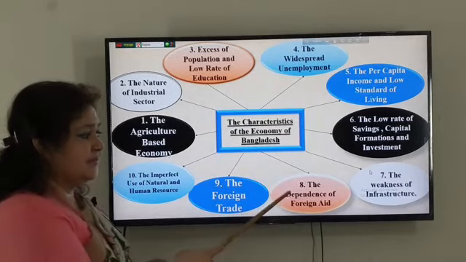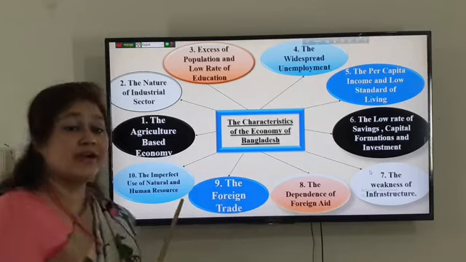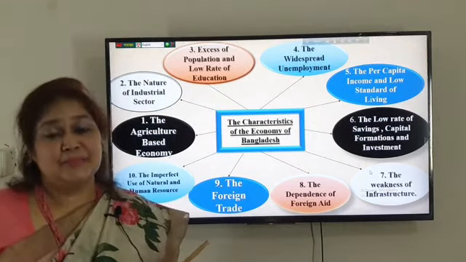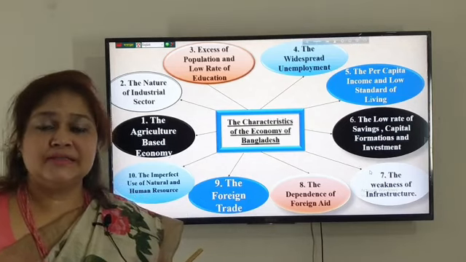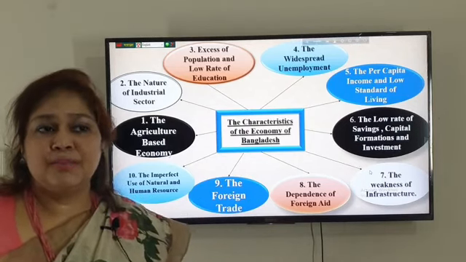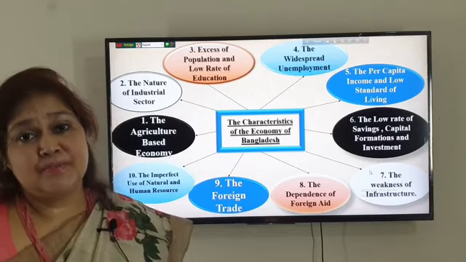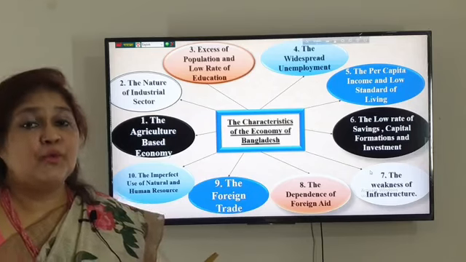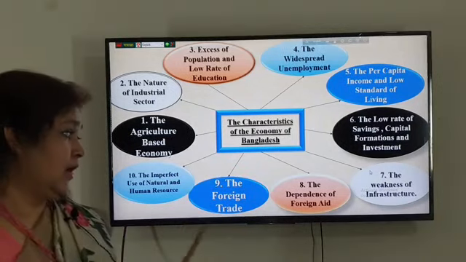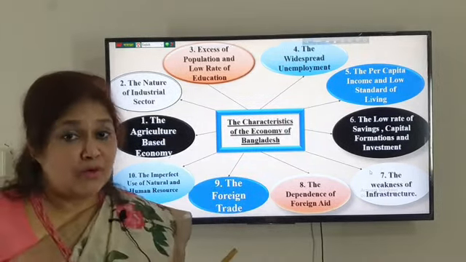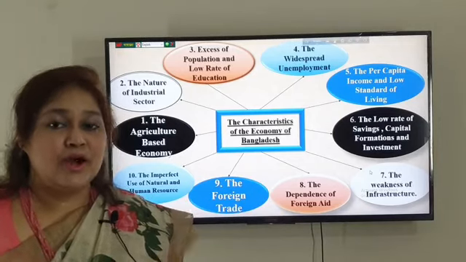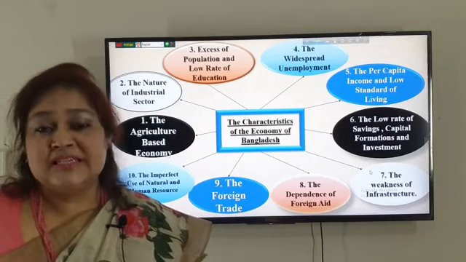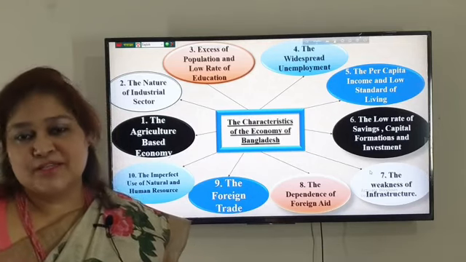Number 8, the dependence on foreign aid. As Bangladesh is a developing country, the government always takes different development programs, and for implementing these programs we need a huge amount of money, and our government is unable to collect this money from internal sources.